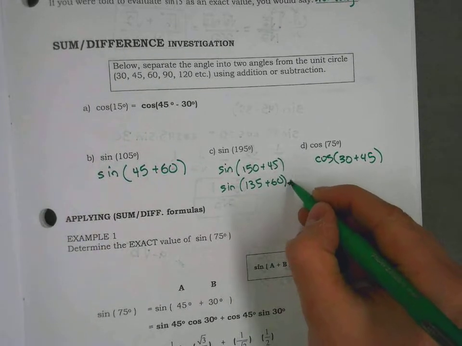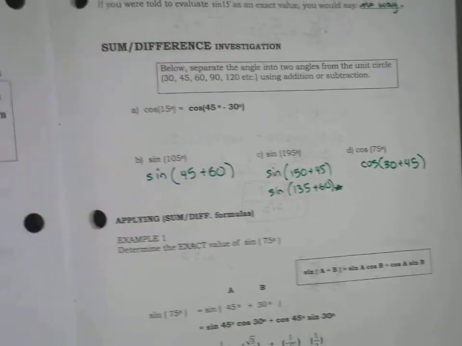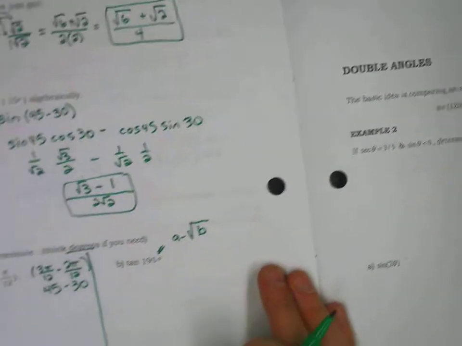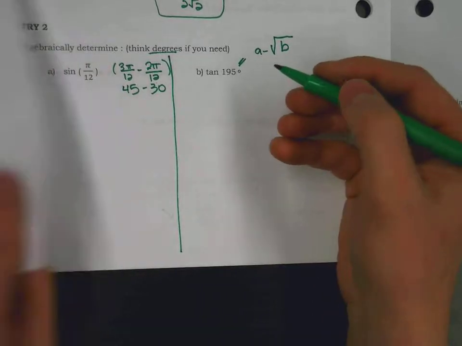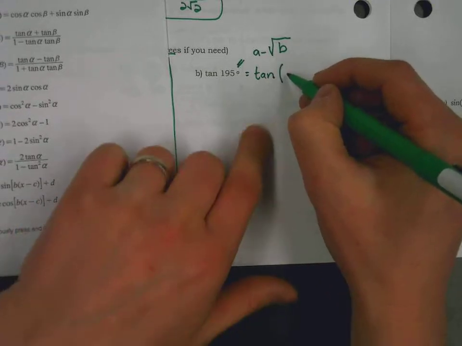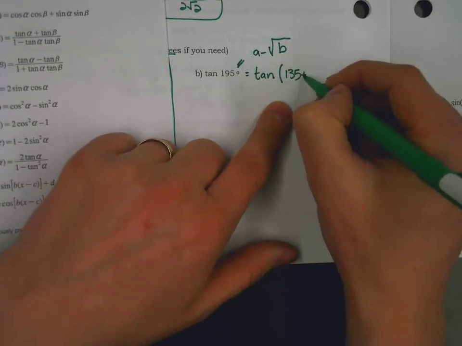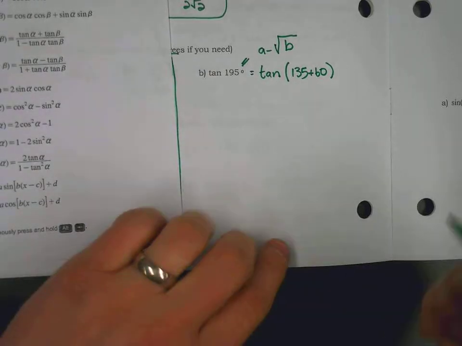You don't really know it until you try, but the 135 and the 60 actually turn out to be a little bit simpler, only because of less fractions. And I'll comment in a moment why the 135 and 60 turns out to be a little bit more simple. But when you look at your formula sheet for maybe tan of, and I'll do the simpler one this time, 135 and 60, and I'll comment on what could be different about the other option.